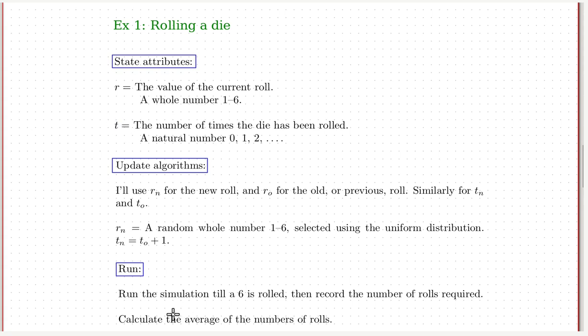So we keep running the simulation until R is 6, and then we record the value of T. What we'd like to do then is run the simulation like this a number of times, hundreds or thousands of times, and then we will collect the data from all of those runs, and then we can calculate the average number of rolls that were required over all of these simulations.